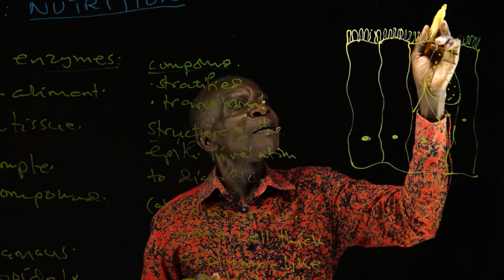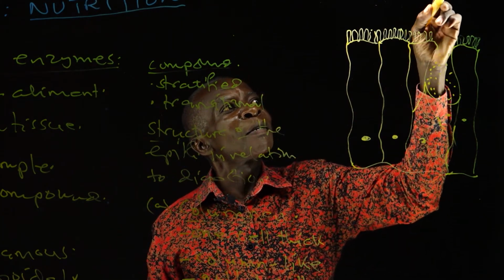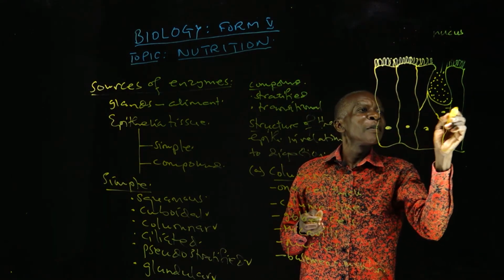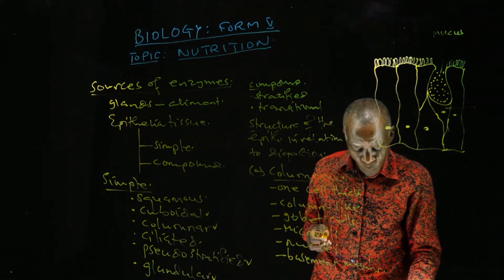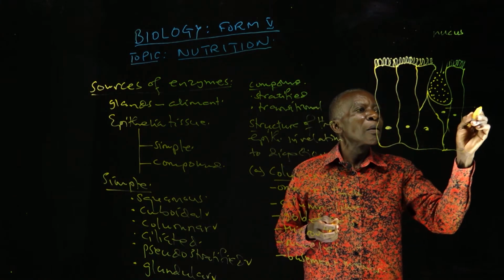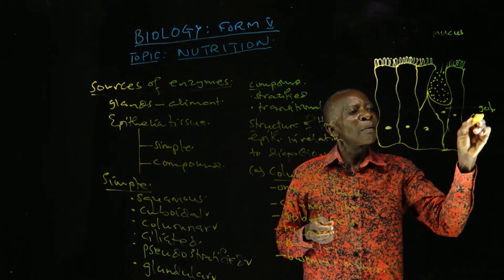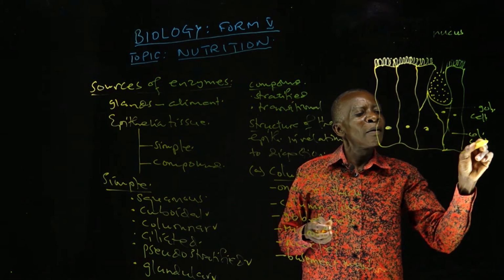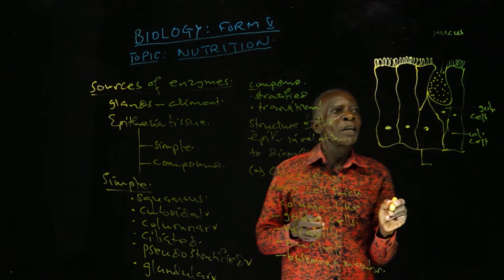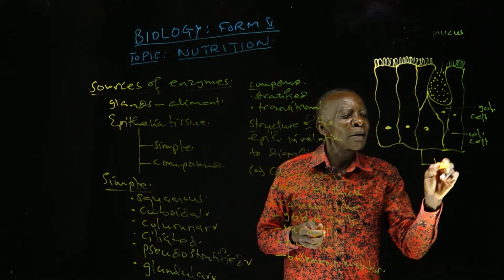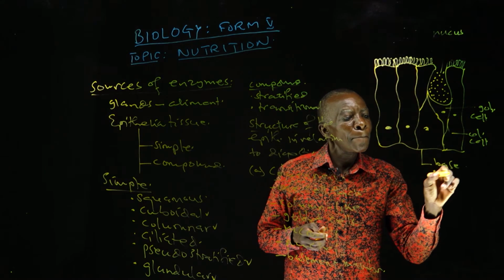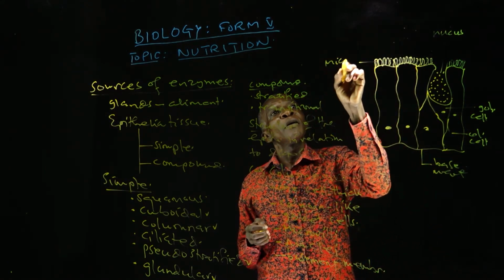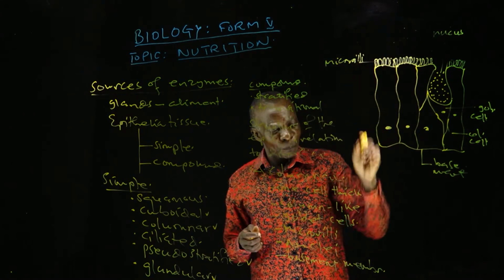And here we have mucus, and therefore this is what we call a goblet cell. This is a columnar cell. Here we have a basement membrane. And here we have the microvilli.